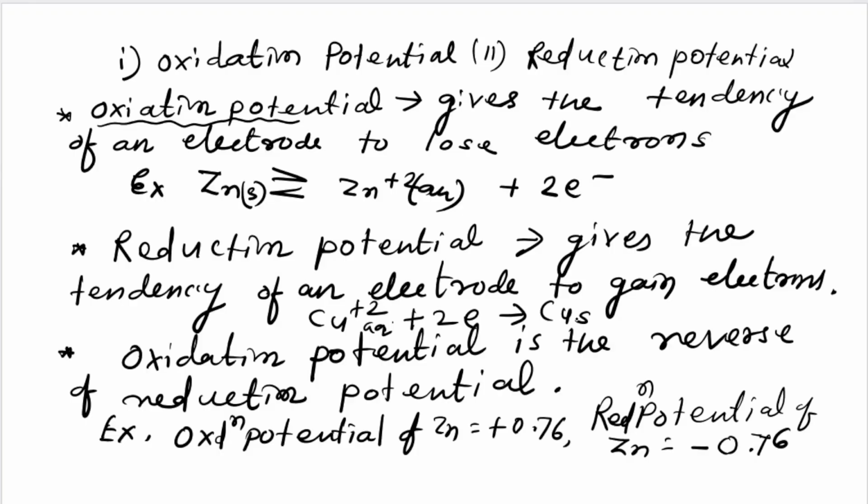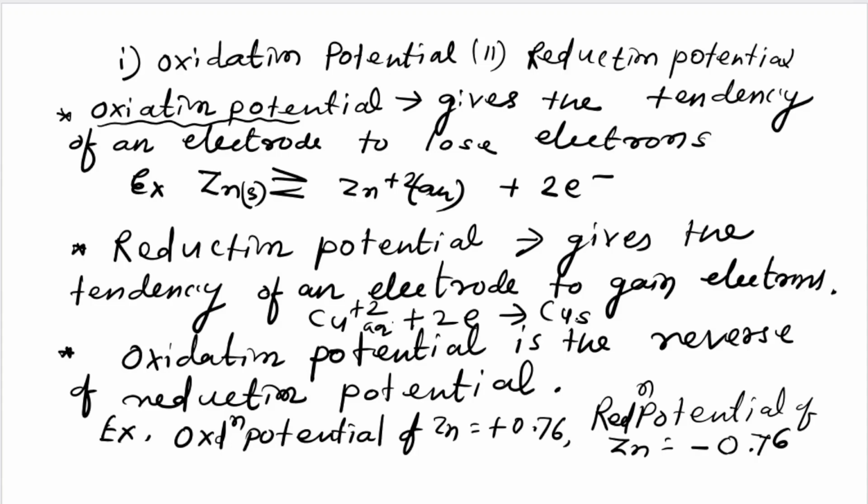Oxidation potential of the same electrode, not a different electrode, is the reverse of its reduction potential. Oxidation potential of zinc is plus 0.76, and reduction potential is just the reverse, minus 0.76.